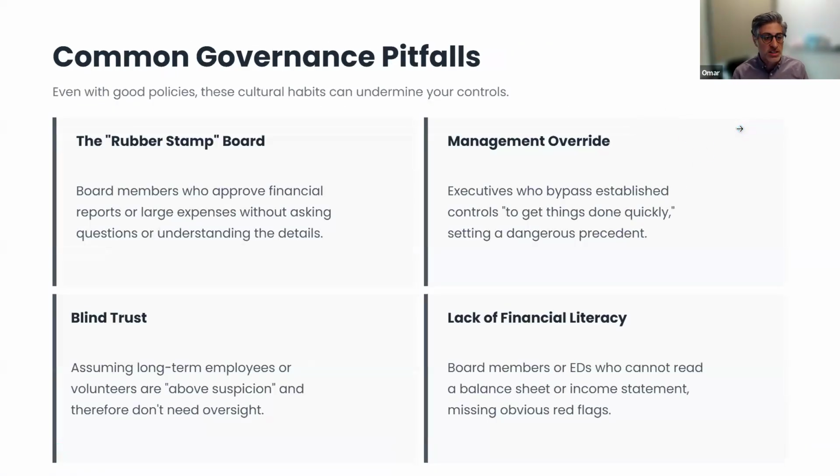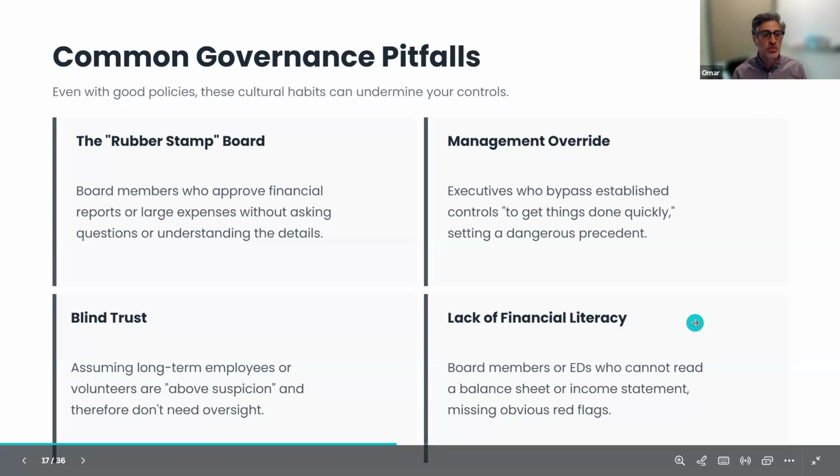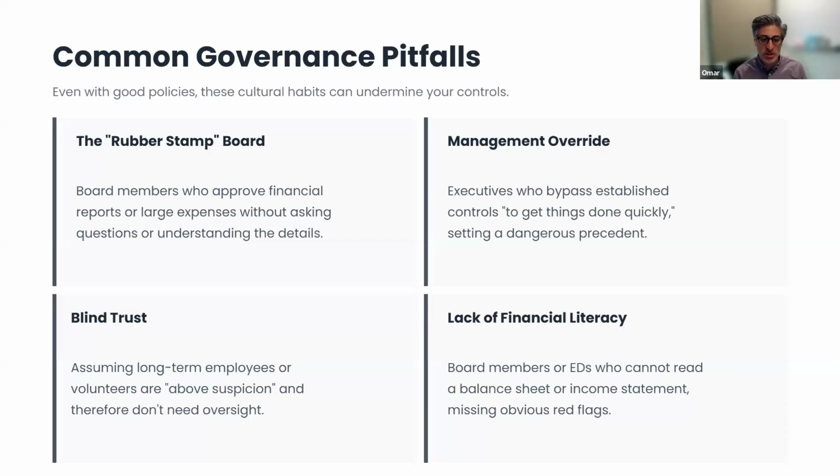Some common governance pitfalls. And to some extent, this first one here, the rubber stamp board, so the board that approves financial reports or large expenses, and blind trust, these two really come about out of a sense of trust that is sometimes built over a long period of time.